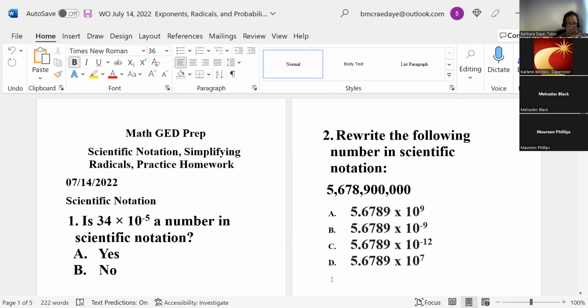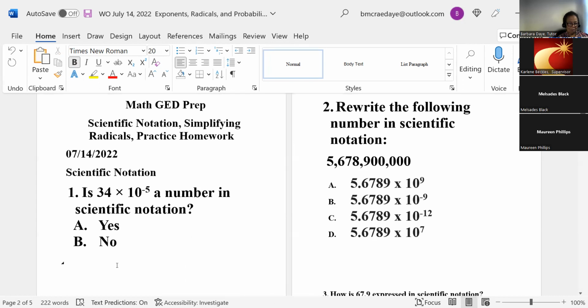I count, let's call it, 1, 2, 3, 4, 5, 6, 7 digits after the decimal point. Yeah. Okay. And you have how many digits after the decimal point? 9, that's right.